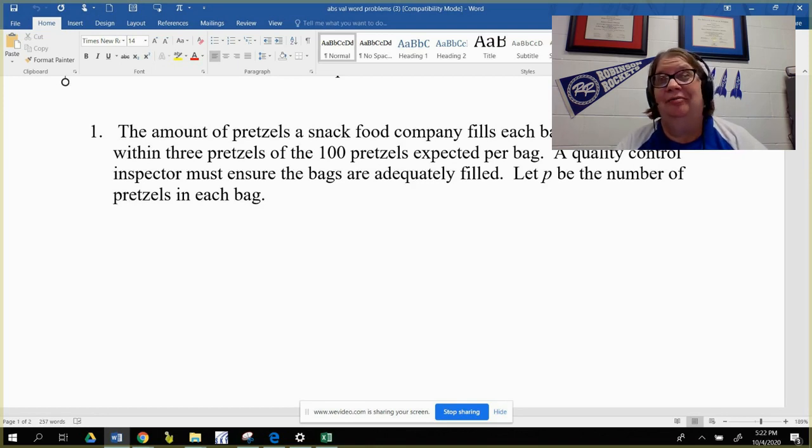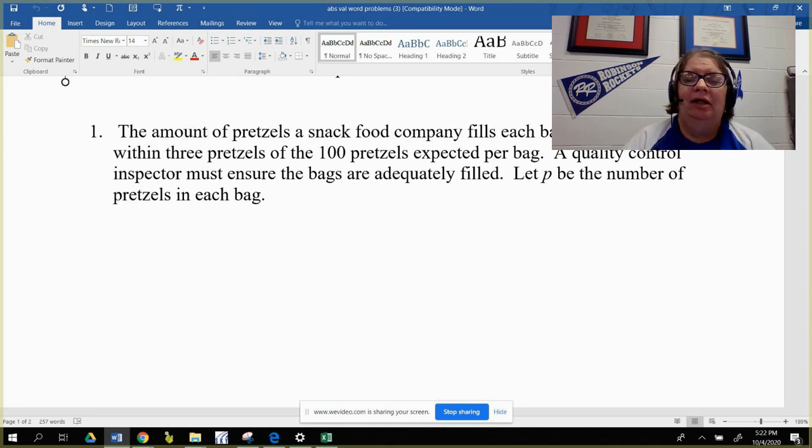Actually, if they're putting in 105 or 110, you're losing money. If they're putting in 103, you're losing money. So you want it to be as close to that 100 as you can. And this company has decided that the acceptable number within of that 100 is 3. So it can be as high as 3 over or as low as 3 under.